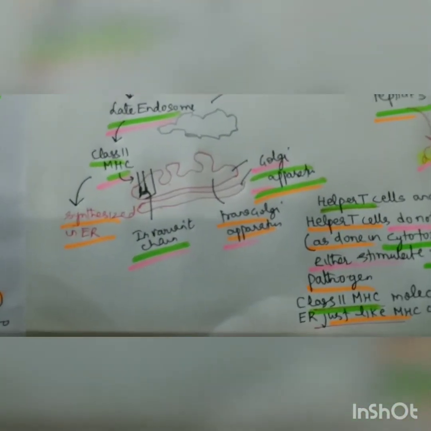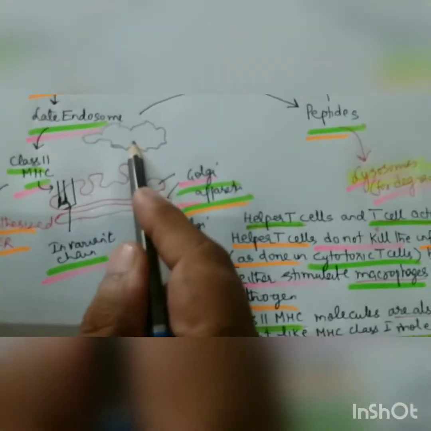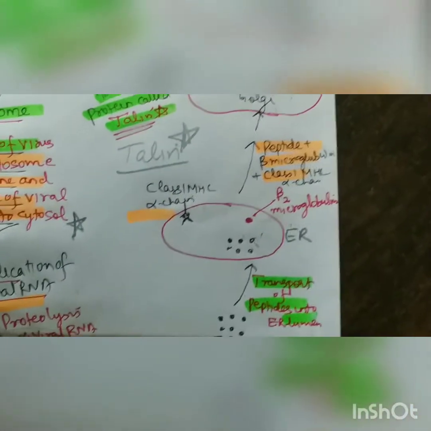And when it reaches the late endosome, it associates with the peptide fragments, same as what we did earlier. See, these are the peptide fragments, right?